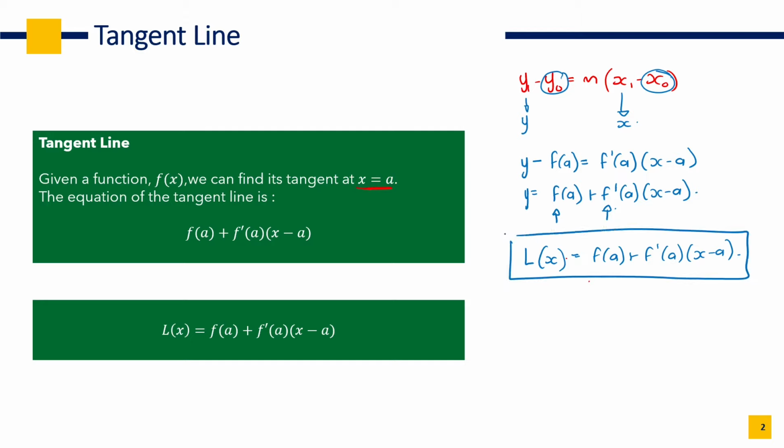Okay, and that's the equation that you need when you're looking at the linear approximations. It's basically utilizing the tangent line and the points of the tangent line. So that you have your slope, you have your a values, and then you just substitute in your x value and you get the approximate value of y.